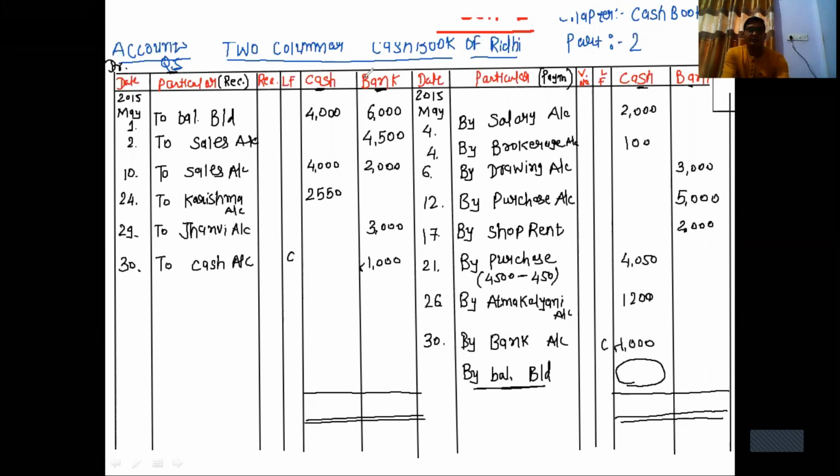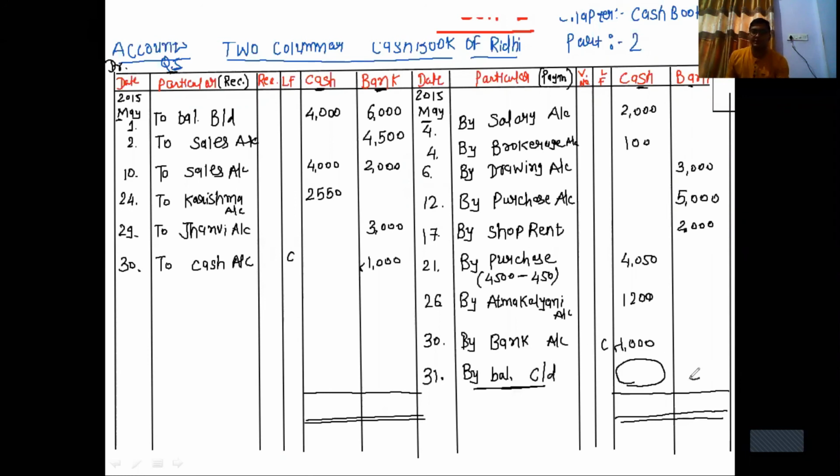Here it is for the month of May that you can see on the screen, and in the month of May the last date is 31. So here we have to write closing date 31 by balance. It is carried down, not brought down, because it is a closing balance. We have to write by balance carried down.